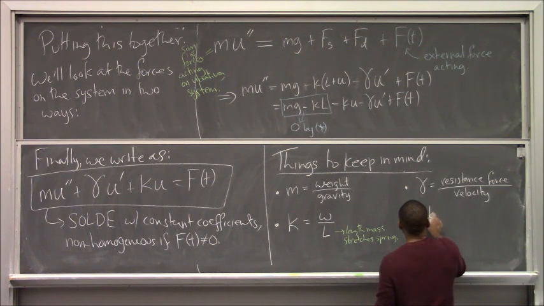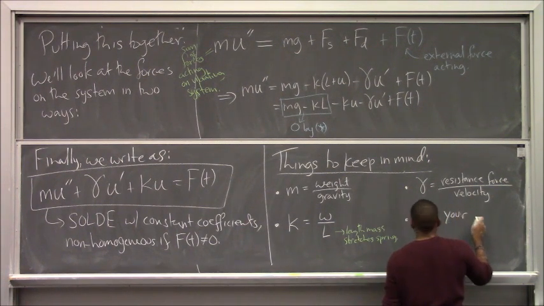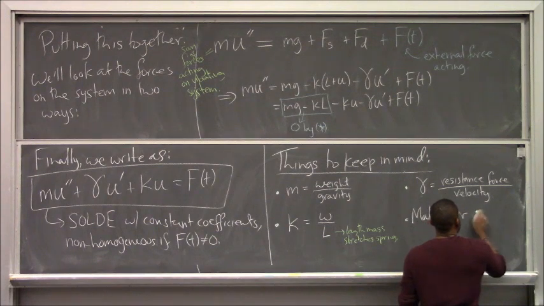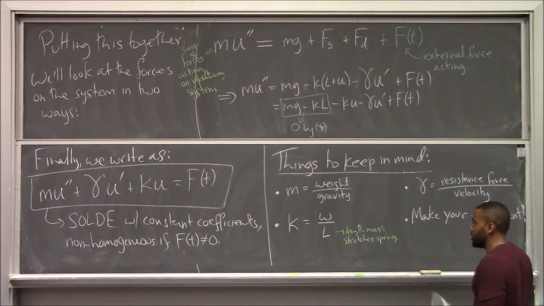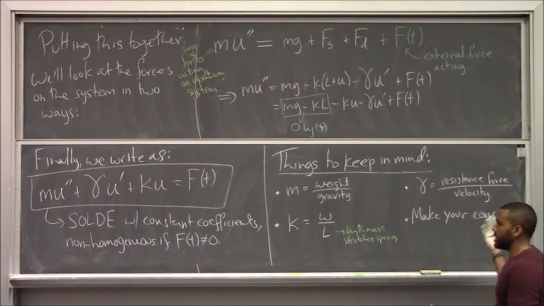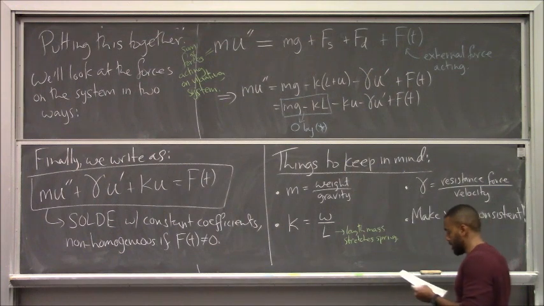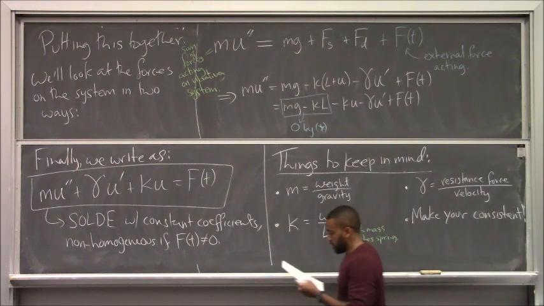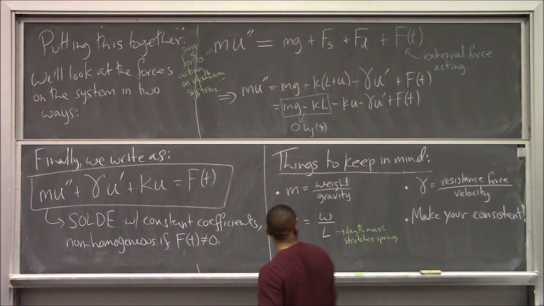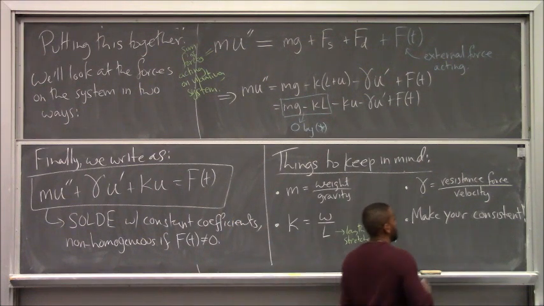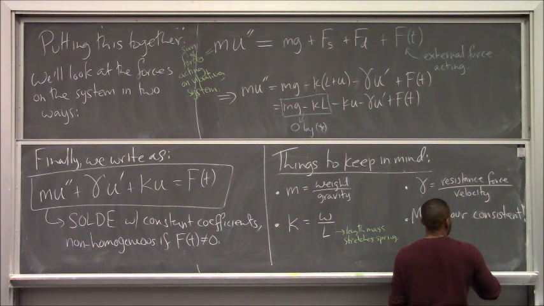Make your units consistent. That's something that can actually happen. If things are measured in inches and you know you're using your gravity in feet, change everything to feet. If you need to apply gravity, just make it consistent.